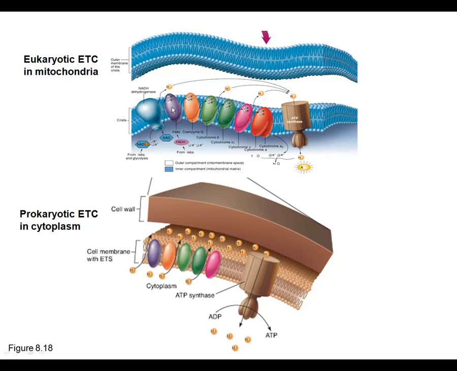So for every NADH that is reoxidized, you get 3 ATP. For every FADH that is reoxidized, you get 2 ATP. And if we go through all of the math, you will see that we end up with 34 and 32 ATPs respectively, depending on whether you're prokaryotic or eukaryotic.